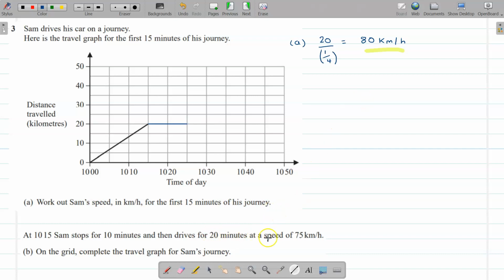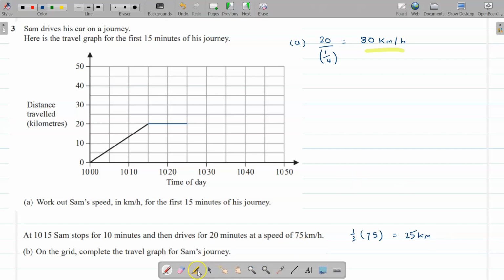And then the final part of the journey, 20 minutes at 75 kilometers an hour. Okay, that's a third of an hour. So it's a third of 75, which is going to be 25 kilometers covered. Okay, and it's going to do that in 20 minutes.